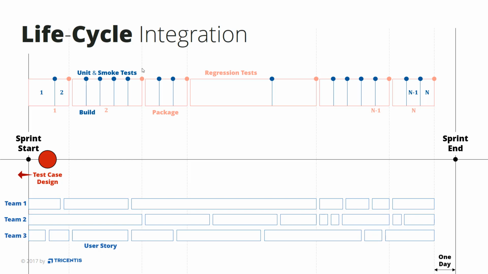For the builds, for sure, if you have your user stories built before, you have to build your test case design. This can be done before the sprint, or even at the sprint start, where you just finalize your test case design, because it's just a specification. You don't need any code for the test case design. Then you can do some exploratory sessions.